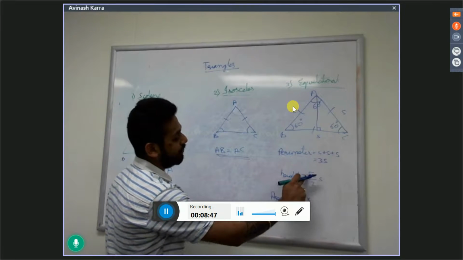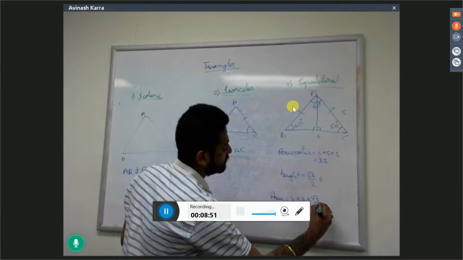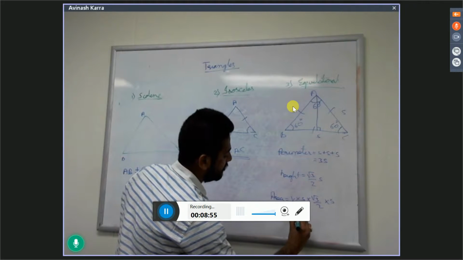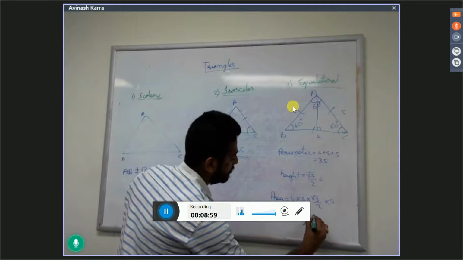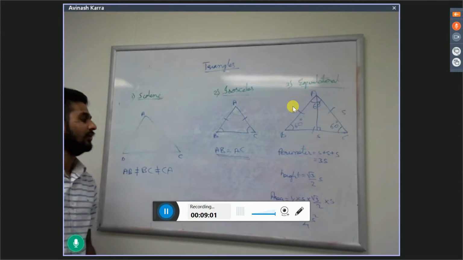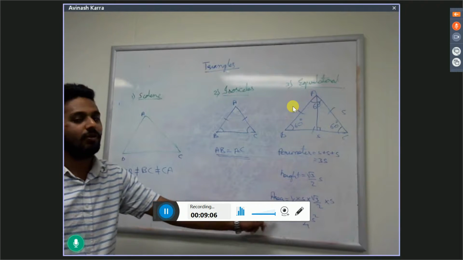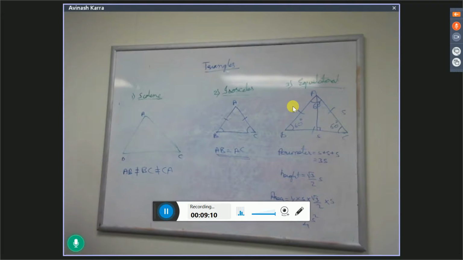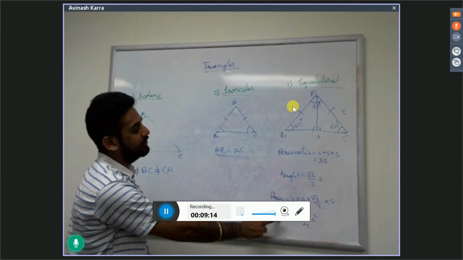Height is equal to root 3 by 2 S. So it will be root 3 by 4 S square. Please note down these formulas. I don't know whether it is there in the book or not, but these are a few things definitely you need to remember.